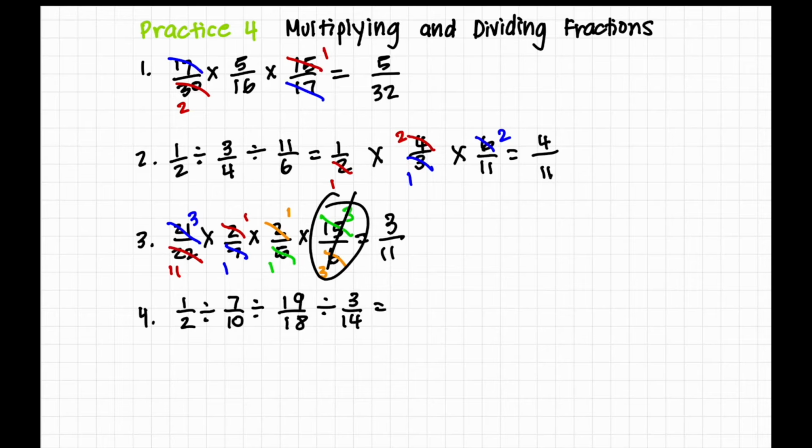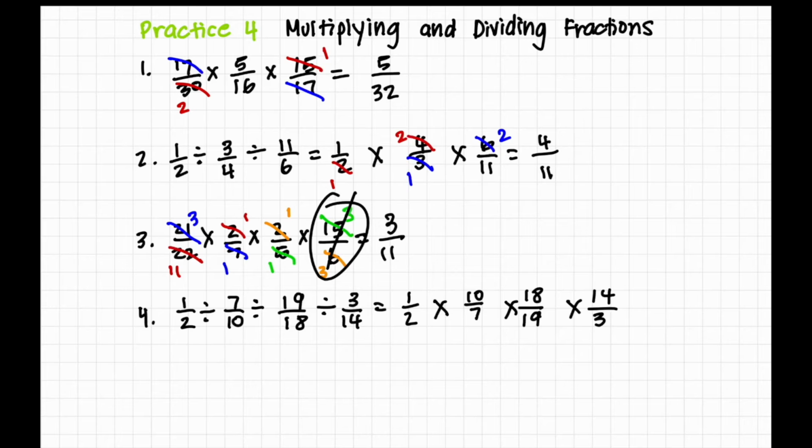In this case also, we would flip 7/10 to 10 over 7, 19/18 to 18 over 19, and switch 3 over 14 to 14 over 3, and we would multiply them all. And now, do you want to simplify them?